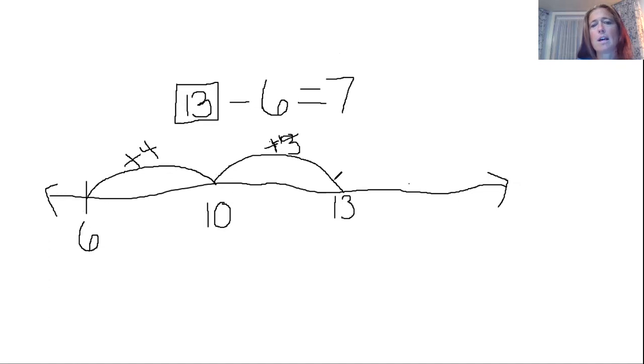Then we'd do a jump where I added 3 and that got me to 13. 4 plus 3 is 7, okay? And 7 is the amount that we had left over. So now we know that 13 were the amount of birds that were in the tree to begin with, minus the 6 equals 7.